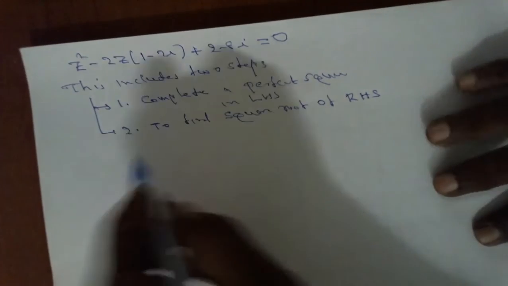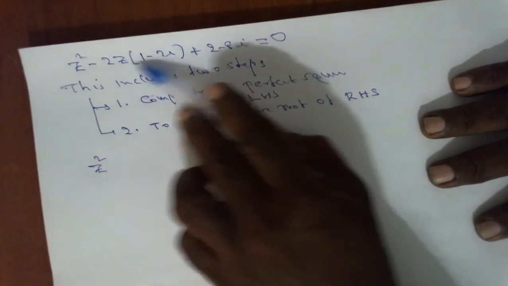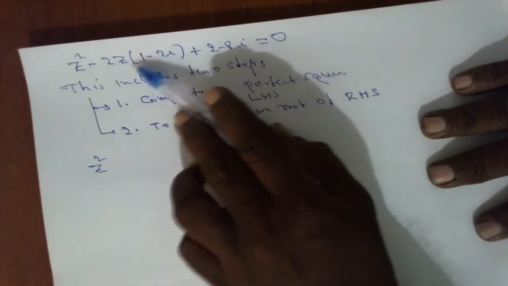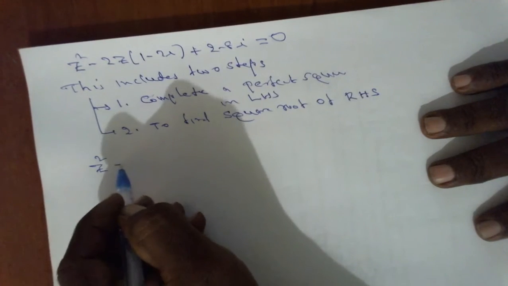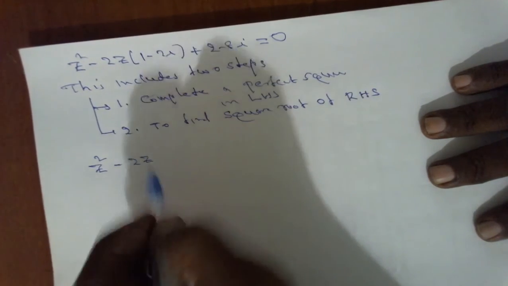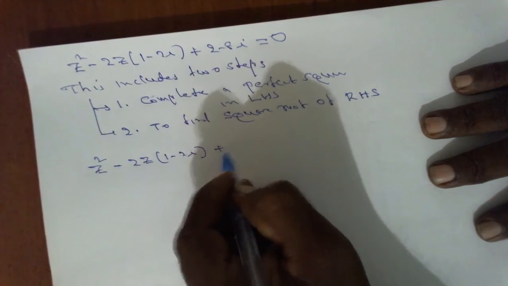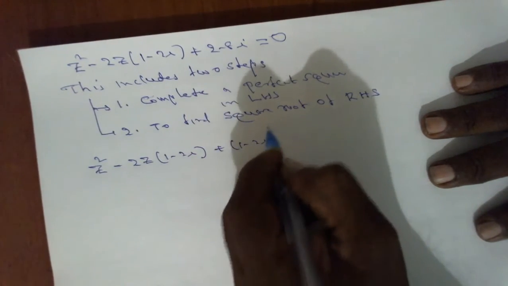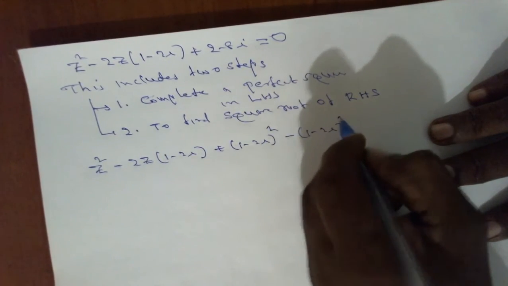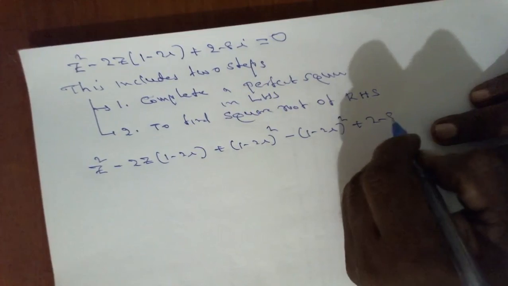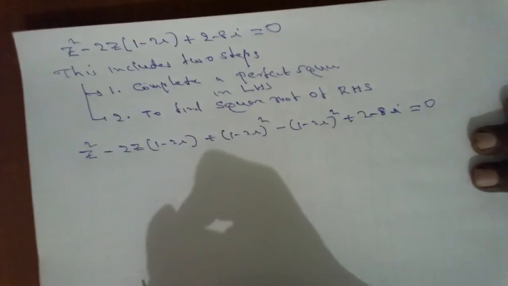Let's see how you can do it. z squared. So you take, what is half the coefficient of z here? 1 minus 2i. Same way, when you complete the perfect square, you add (1 minus 2i) whole thing squared and subtract (1 minus 2i) whole thing squared plus 2 minus 8i equals 0, like this.